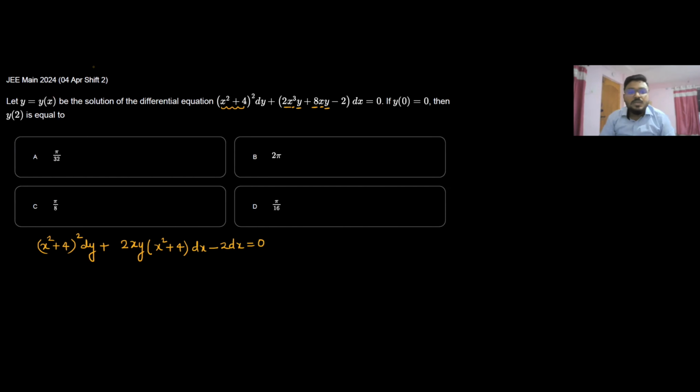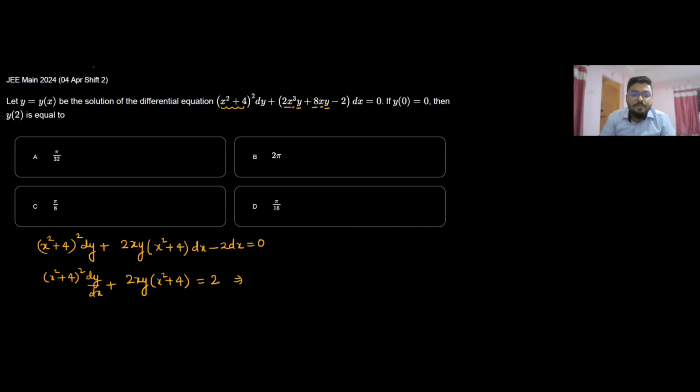All right. So here we can write x square plus 4 whole square dy by dx plus 2xy times x square plus 4 is equal to 2. So here we can divide throughout by x square plus 4 whole square.